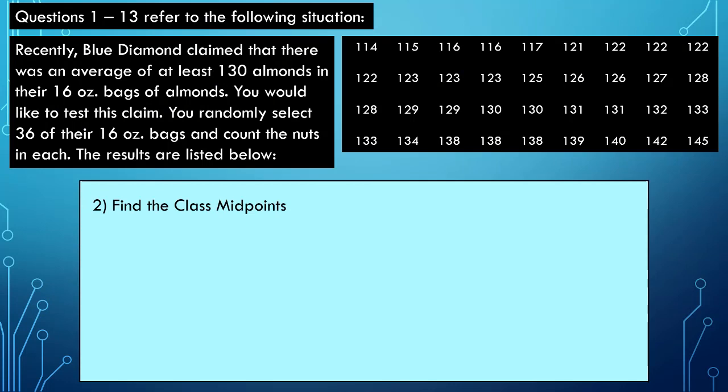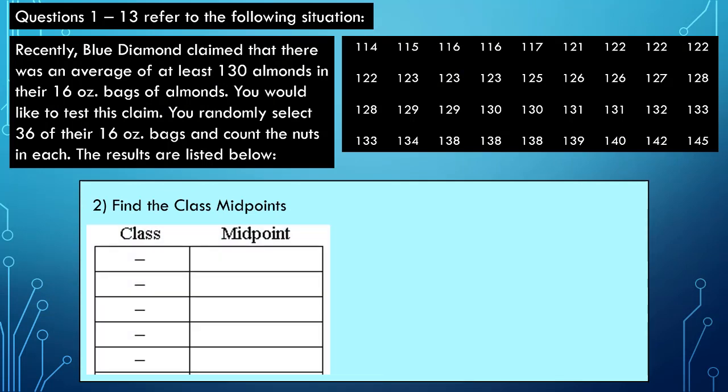Find the class midpoints. Okay, so I've got a little table here that we're going to fill out. Before we can find the class midpoints, we have to define what the classes are. So if you remember when we were talking about classes and frequency distributions and midpoints, we said that the very first class always starts at the data minimum.